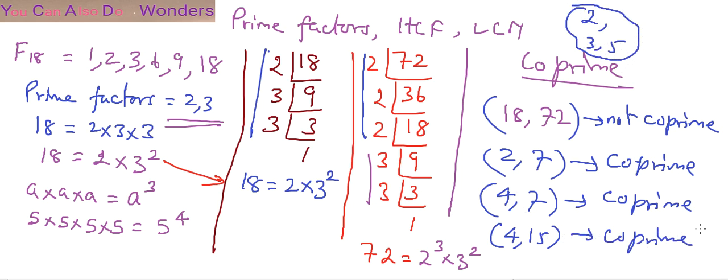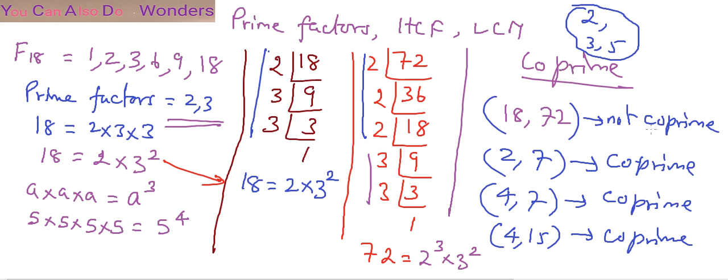So here both the numbers are not prime. Both are composite numbers, but still they form a co-prime pair, because they don't have any common prime factor. Fine. So I hope it's clear what co-prime numbers are.